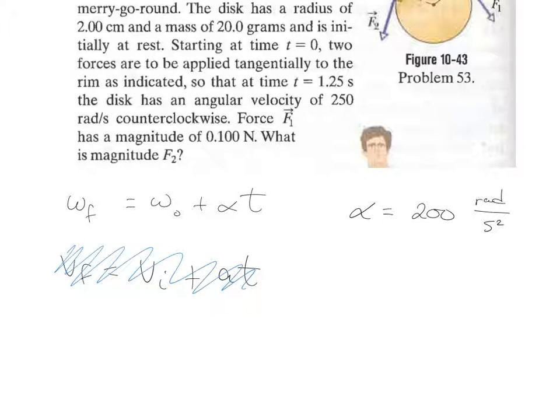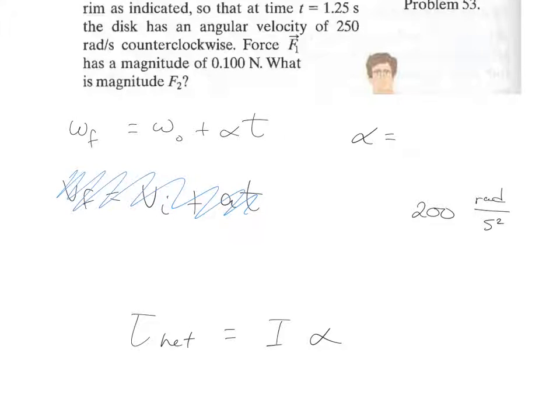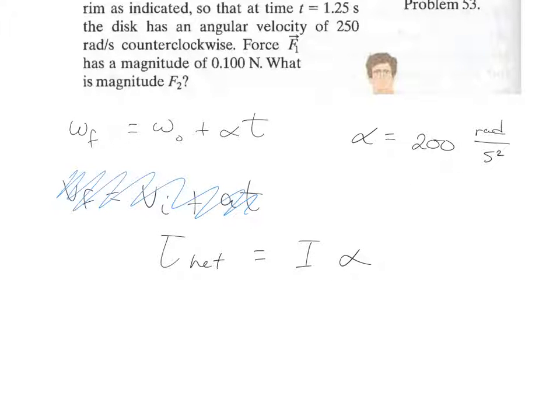So we've got tau net equals I alpha. Tau net, we have to consider there are two taus here. We've got F2. Go back to the diagram if you need to. F2 is going to make it go counterclockwise this way. F1 is going to make it go clockwise this way.